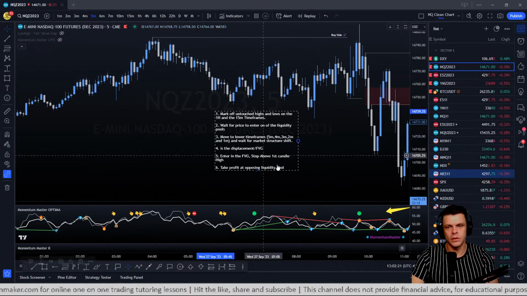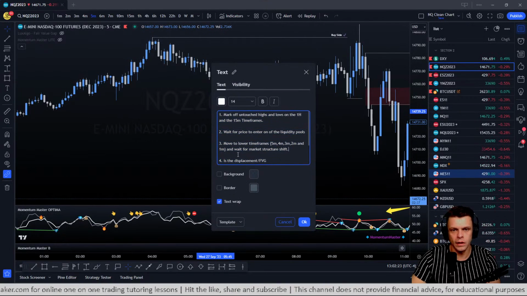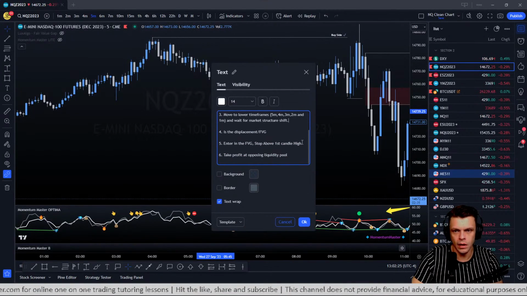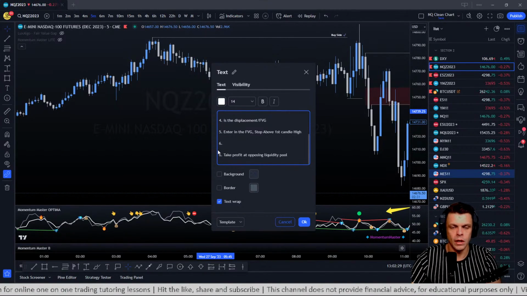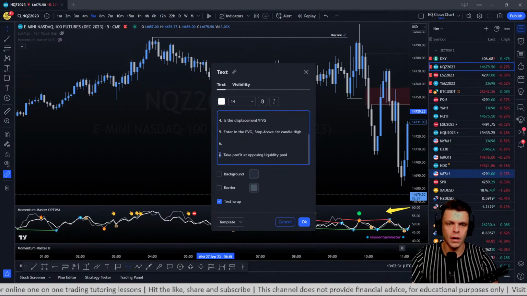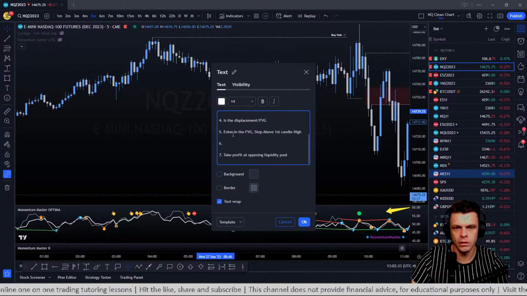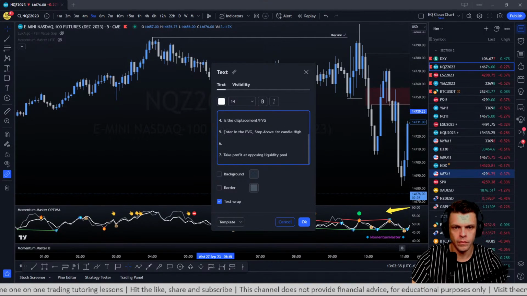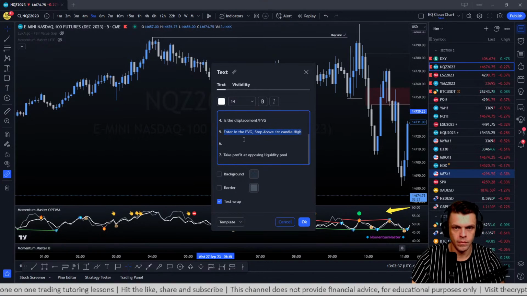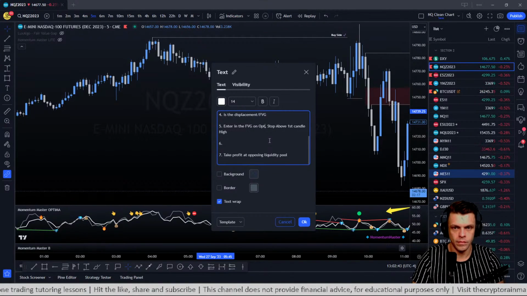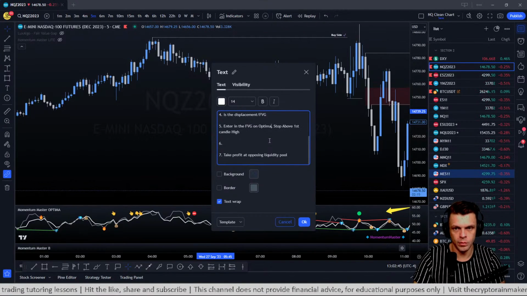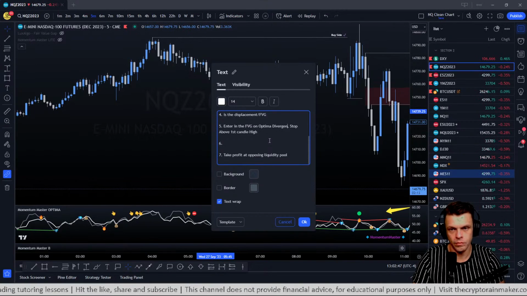Okay, so that is basically the rules, and then the new step that I have added, which definitely gives a higher winning rate to the strategy. So optima divergence.